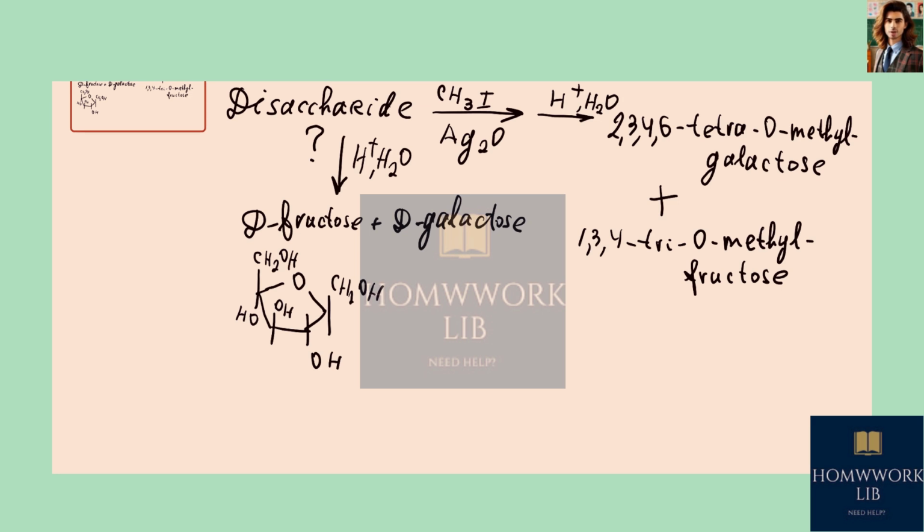And for galactose, it can be anything here. Alpha or beta form, it doesn't matter. That's the original structure. Now let's build the structure of 2,3,4,6-tetra-O-methyl galactose.